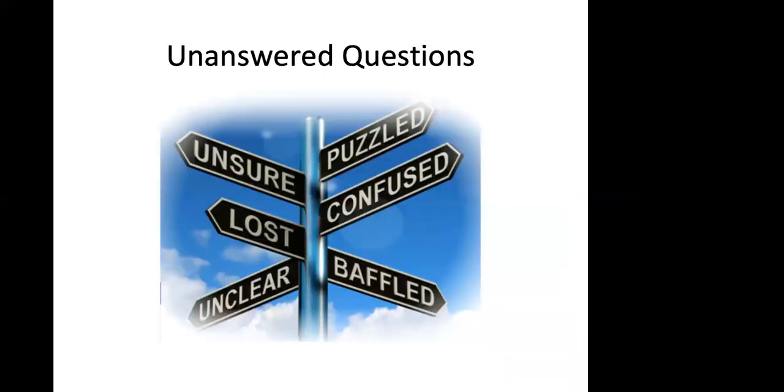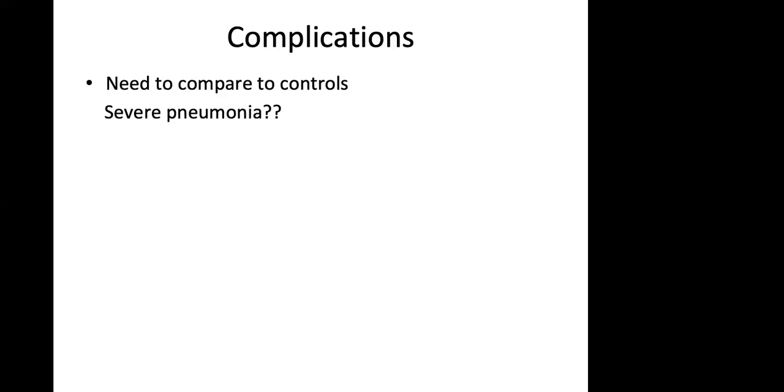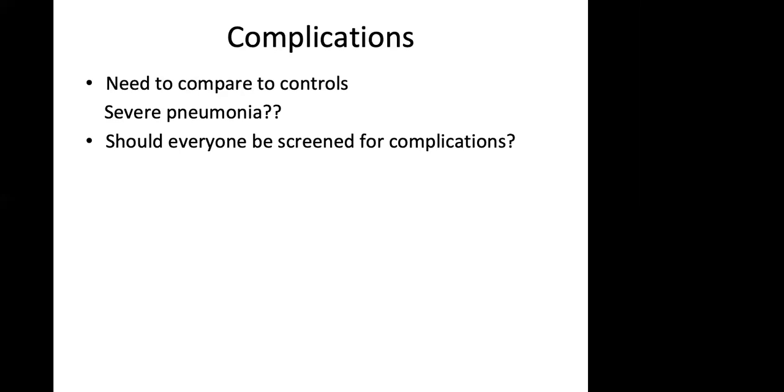So what do we do? Some of the unanswered questions relate to complications, where you need to compare to controls. There is probably an increased risk of thromboembolism, but what about patients admitted with severe pneumonia, whether bacterial or viral? Have we systematically looked at these? What about screening for complications?